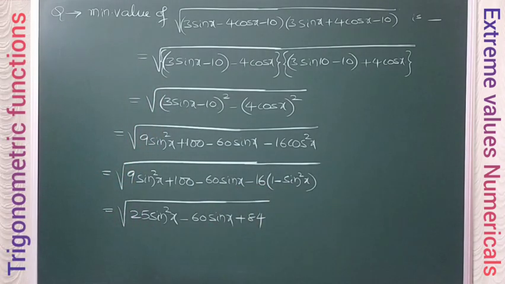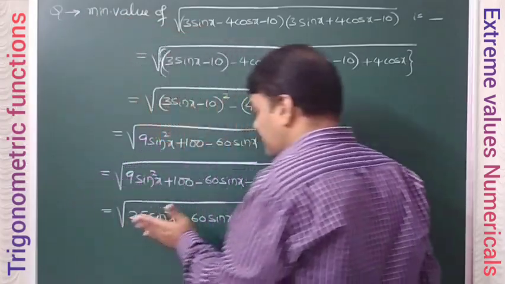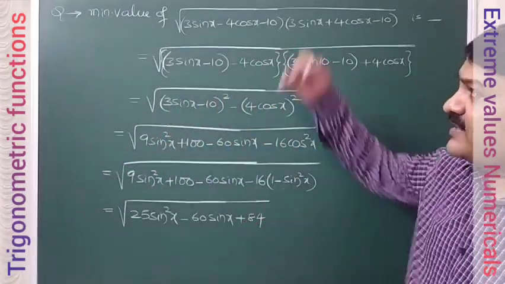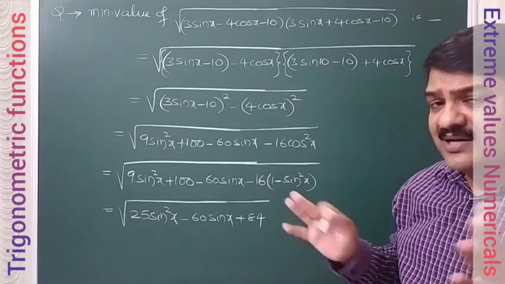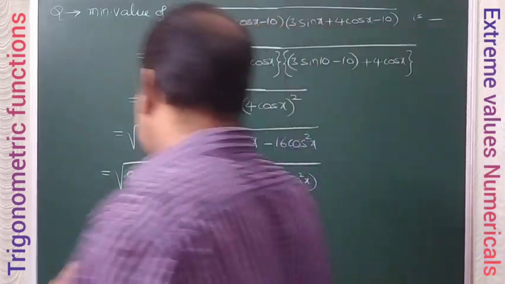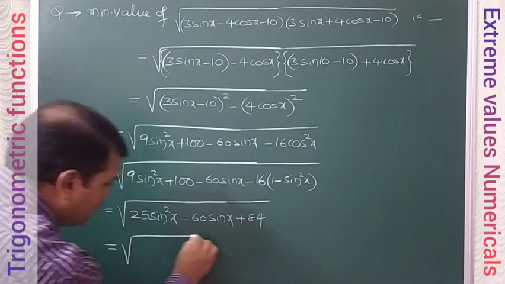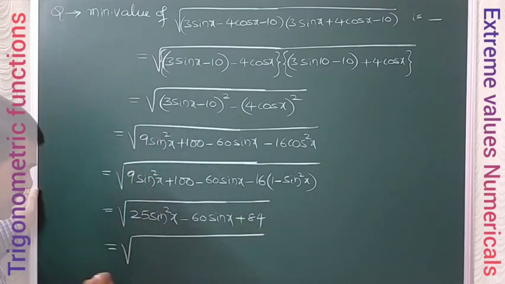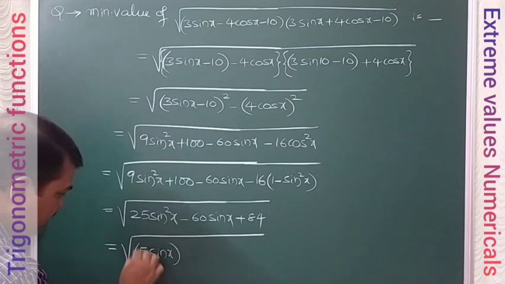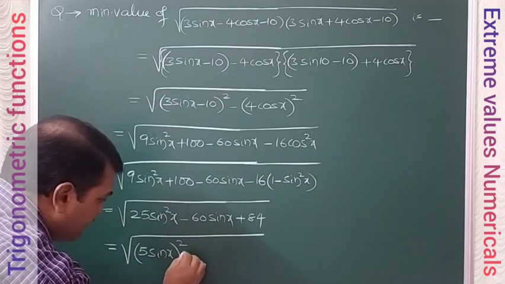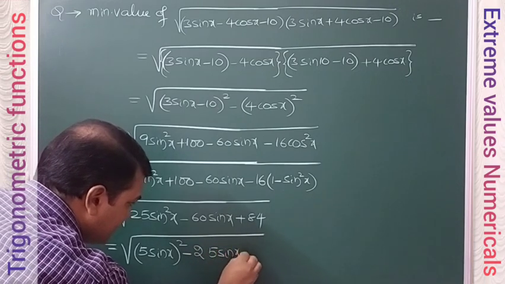Let us try to convert this into a perfect square now. Since the minimum value is required here, we can write the extreme values. So to convert into a perfect square, I am doing like this. 25 sine square x I can write as (5 sine x) whole square, the a square model, minus 2 into a, where a means 5 sine x.